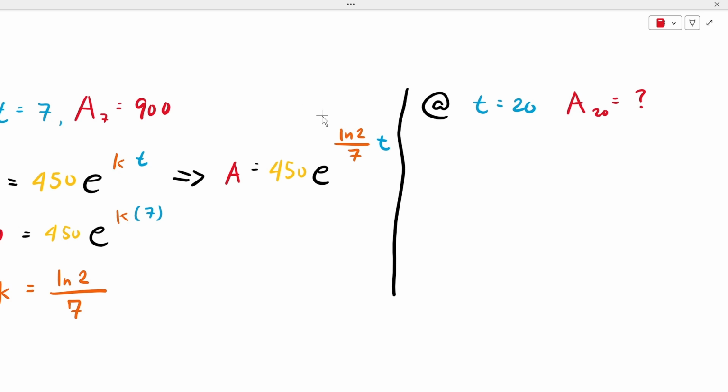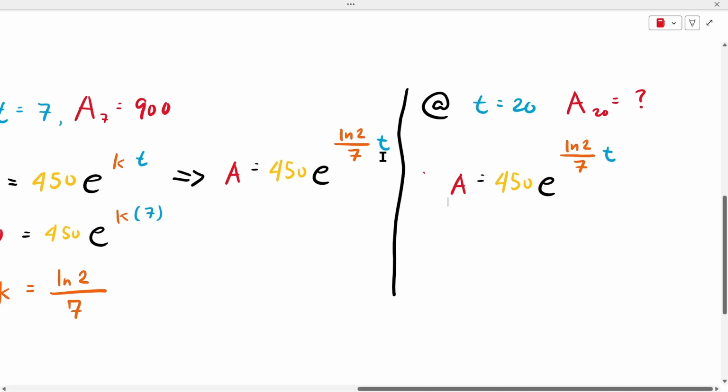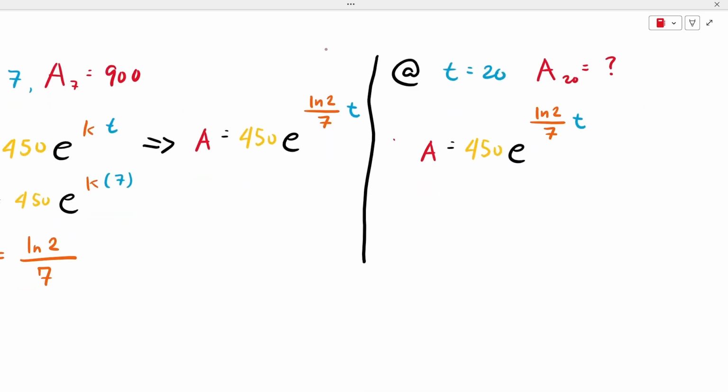So let me copy this first. This time we just need to substitute all the values here. So this will become A sub 20, and our t will become 20 also.